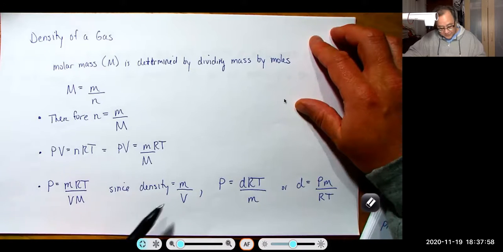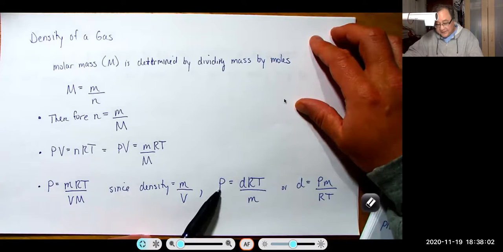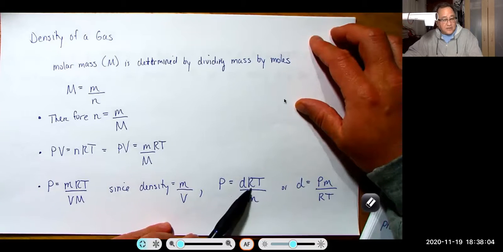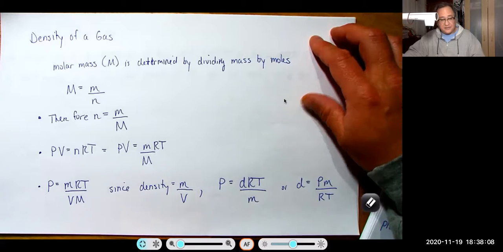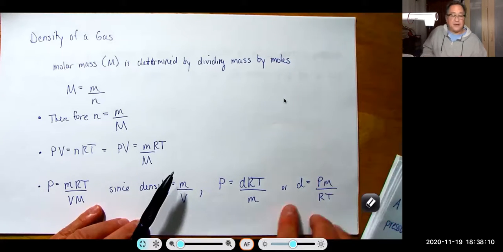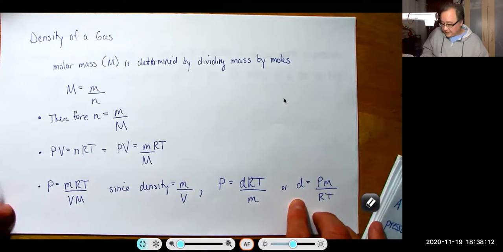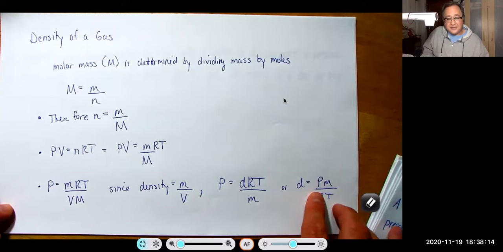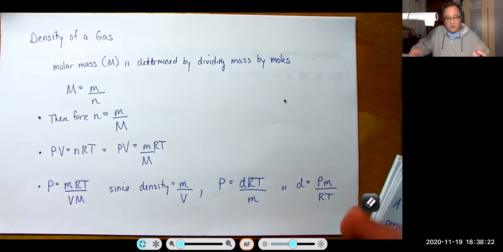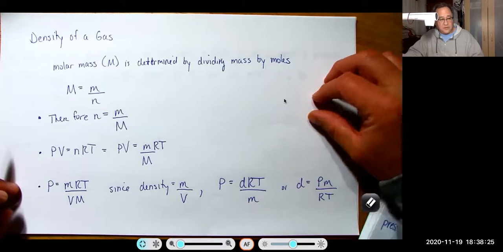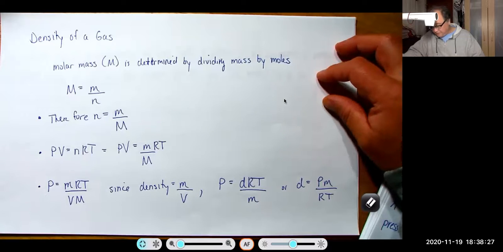So we can substitute d for m over V and we get that the pressure is the density times the ideal gas constant times the temperature divided by the molar mass. We can do a further rearrangement and we get density is the pressure times the molar mass divided by the gas constant and also divided by T. So these are important equations for us to remember.